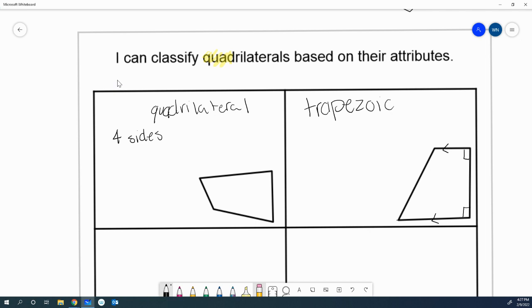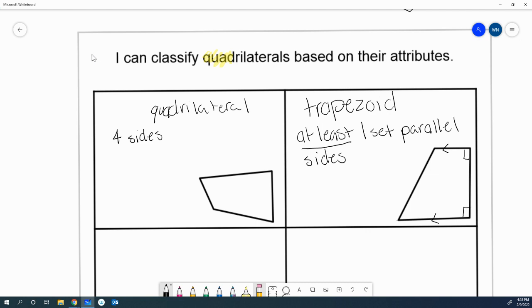Trapezoid. Now, a trapezoid is a polygon, a quadrilateral with at least 1 set of parallel sides. Underline that, at least. That is really important as we get started into this. Trapezoids have at least 1 set of parallel sides.